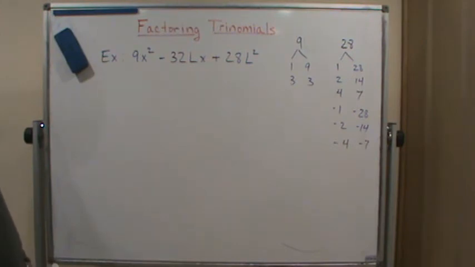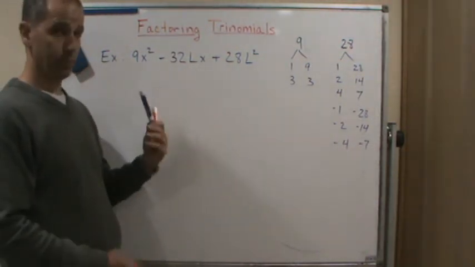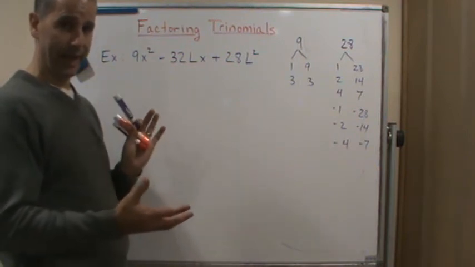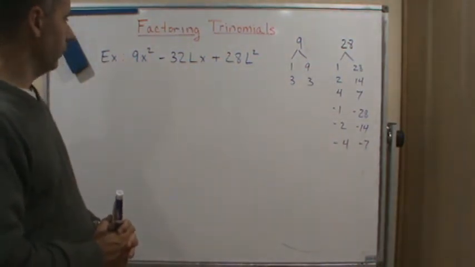We need to come up with factors that, when we multiply them, will give us the middle term of negative 32. So remember, one of the products, when we multiply the inside and the outside terms, has to be negative.